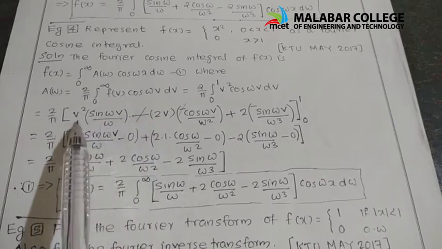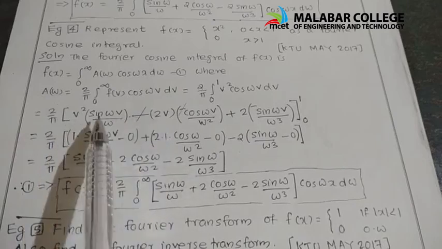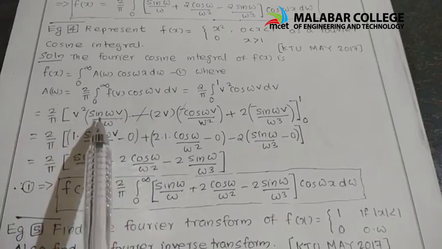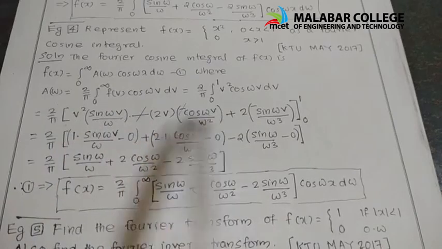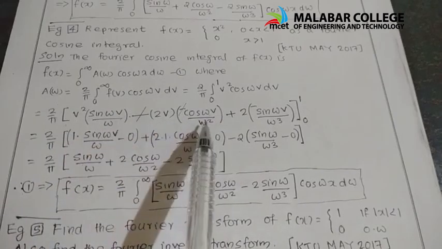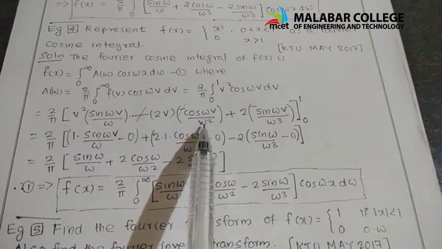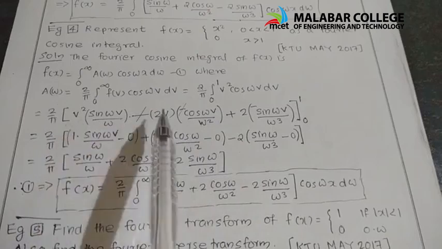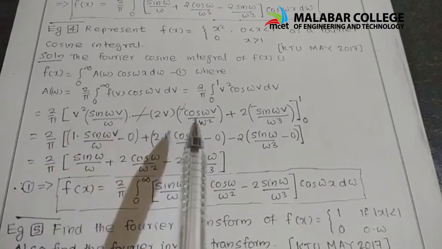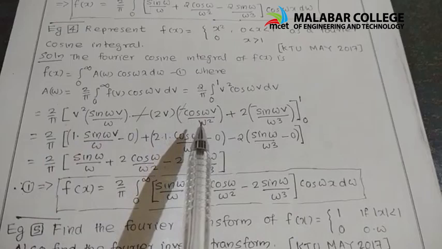Next we have to differentiate v square, which is 2v. Next, the integral of sine is minus cos. So I am writing here minus cos omega v divided by omega square, as we explained earlier. So this one is the derivative of first into the integral of second, minus cos omega v divided by omega square.